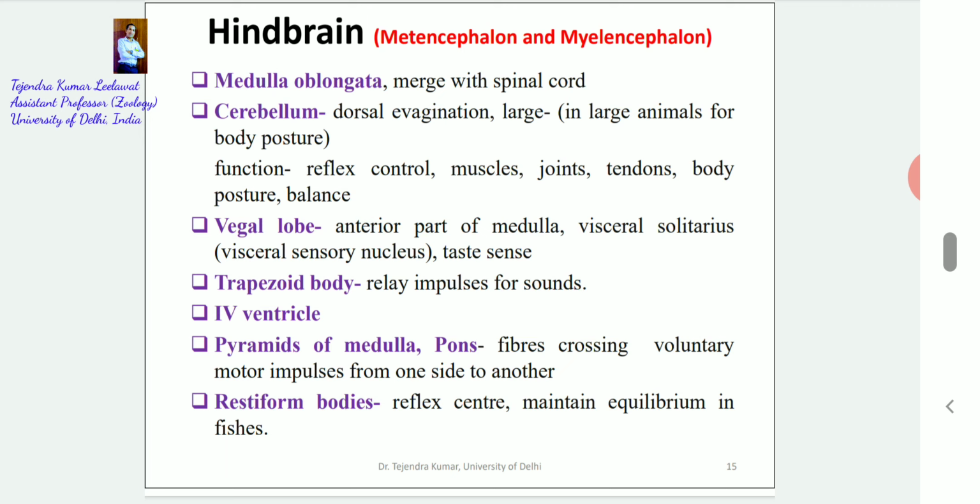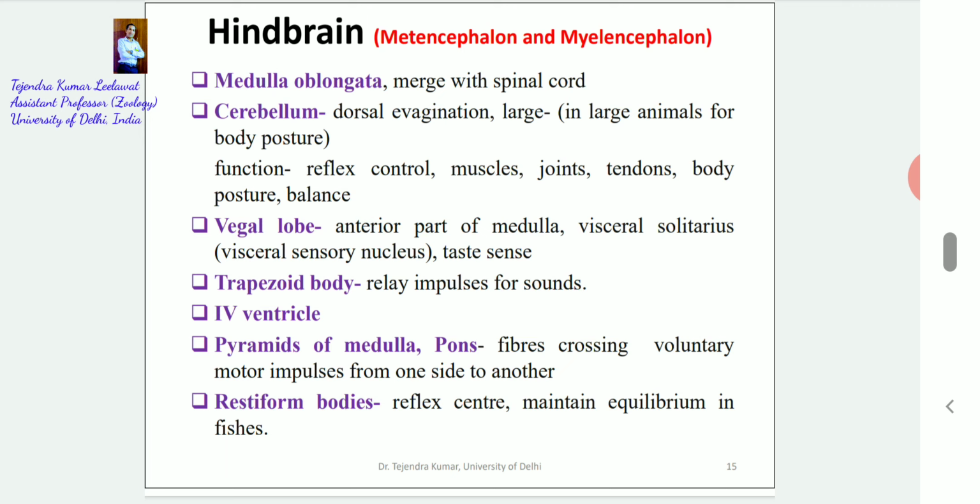Sometimes we are unconscious, or we get some convulsion, or we are facing a coma, then we just lay on the ground. That is all related to the cerebellum, because the cerebellum can control our posture and balance.